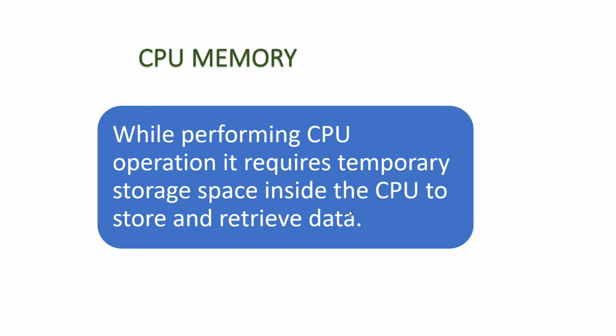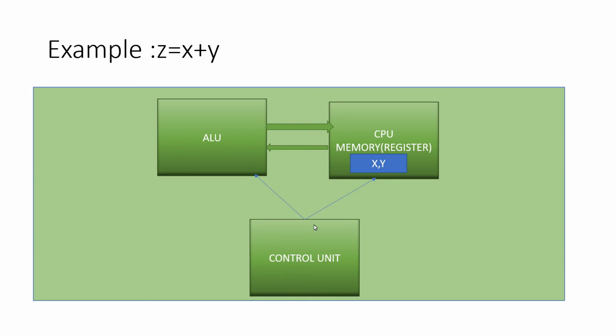Next part of the CPU is CPU memory. While performing the CPU operation, it requires temporary storage space inside the CPU to store and retrieve the data. Example, here we are adding x and y, and the result we are storing in z. The values of x and y are stored in the CPU memory register.